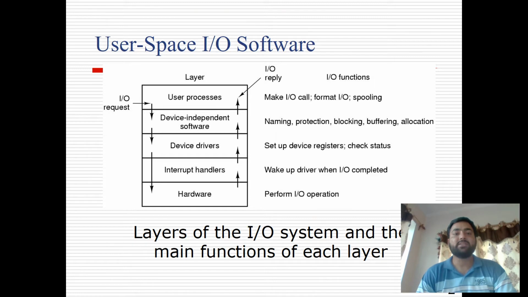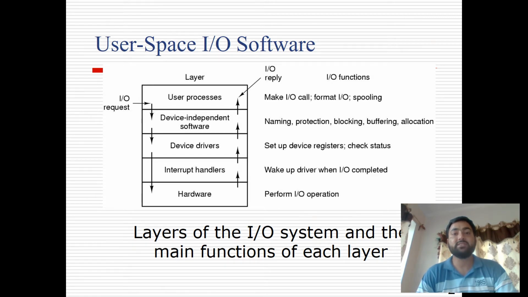And then comes device independent software. Device independent software are basically used for naming, protection, blocking, buffering, and allocation mechanisms that are used by the system. Then come user processes.